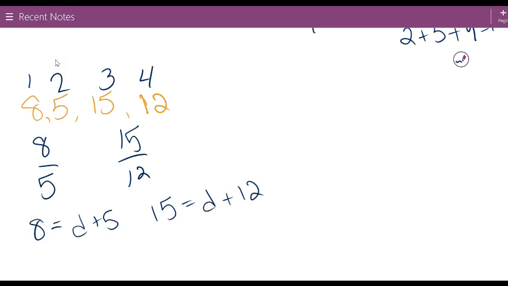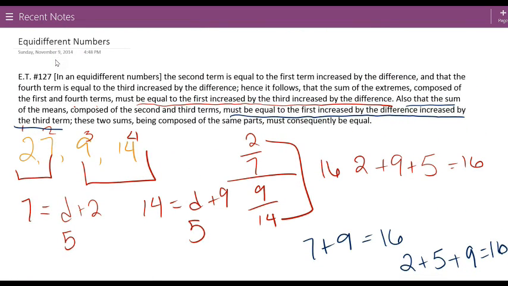As I said, it does work in subtraction, so you would write it differently, but we can just go ahead and say that our difference is -3. So these satisfy: the second term is equal to the first term increased by the difference, the fourth term is equal to the third term increased by the difference.